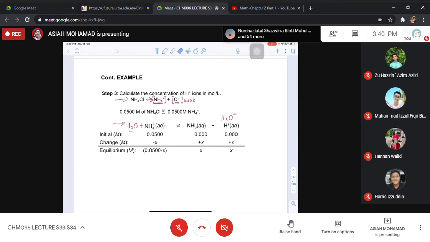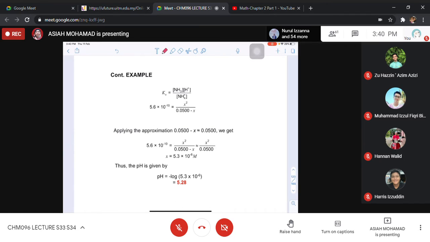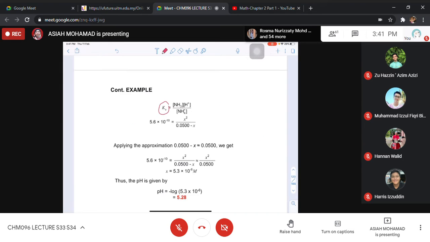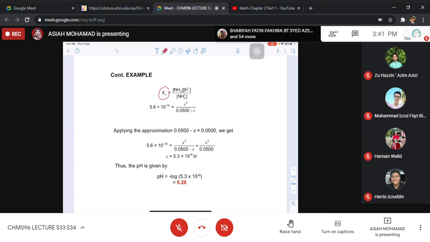Alright, once we have the molarity for this NH4 plus, construct the ICE table: 0.05 minus x, 0, 0, plus x at equilibrium. This is the data that we need. By using Ka, as usual, Ka is equal to the product of the dissociated ions, H plus times NH3, divided by NH4 plus, the original concentration of NH4 plus.